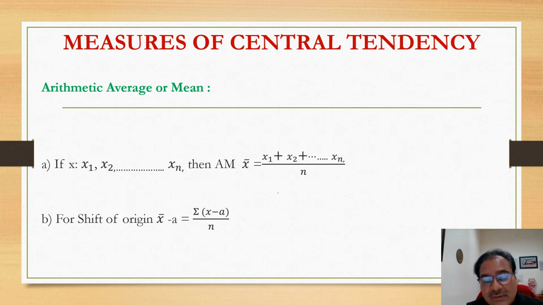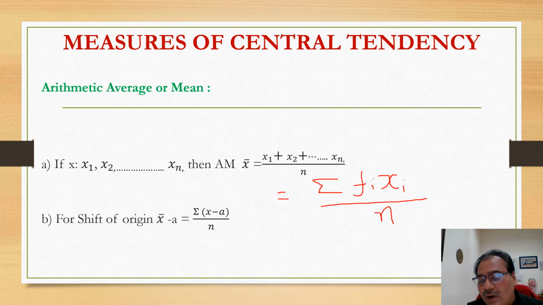In case of frequency, this definition converts into summation of fixi divided by n, where i varies from 1 to n. So this is the arithmetic mean. In case of shift of origin, x bar minus a is summation of (x minus a) divided by n. There are multiple cases of arithmetic mean, and we have already gone through them, so I'm not wasting my time here.